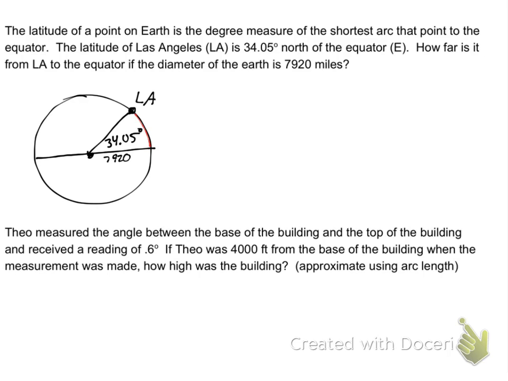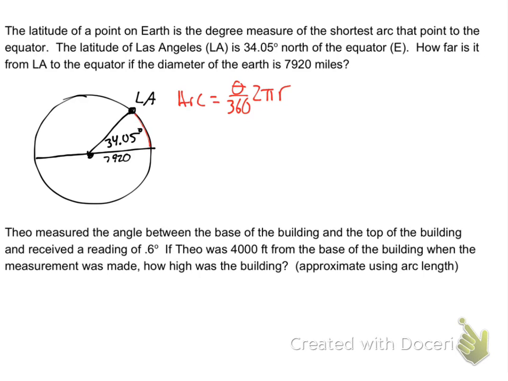What's the equation I use, guys? The first one? No. Oh, the second one. The second one, the distance, because I don't have the angle in radians. So, theta over 360 times 2 pi r.